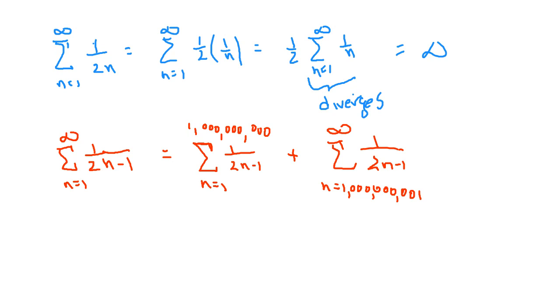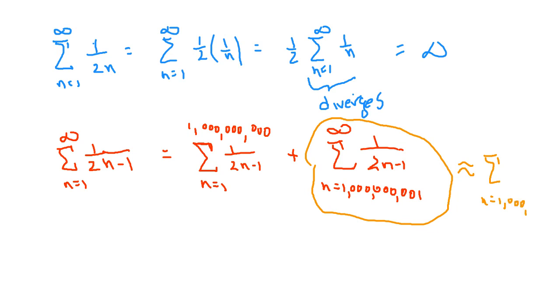This part here, would you agree that would be approximately equal to, so if we look at the series, forget the first billion terms of the series, but look at the terms of the series starting with the billion and first term.